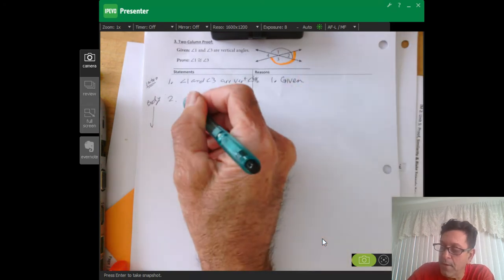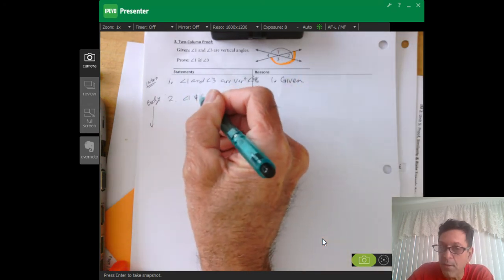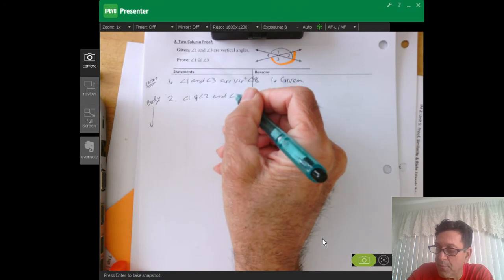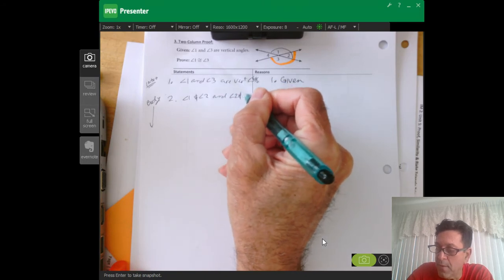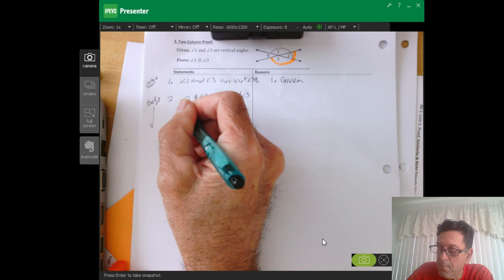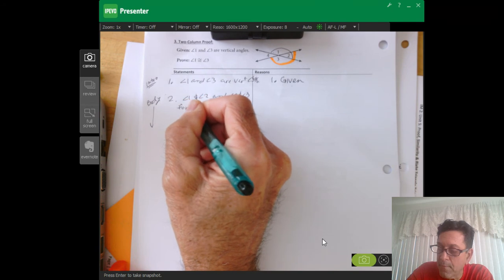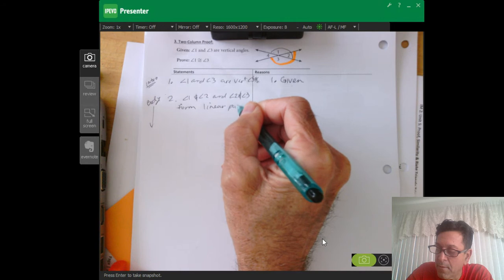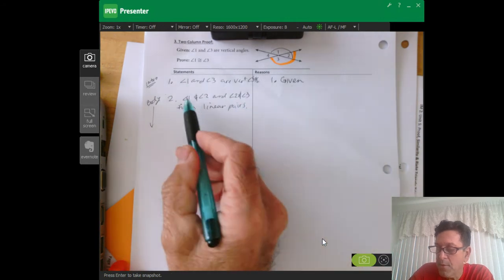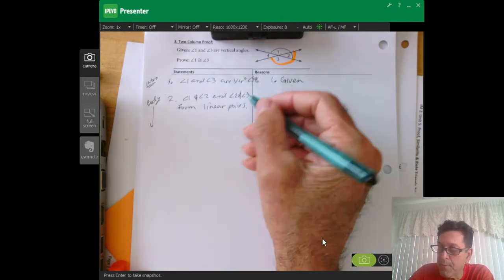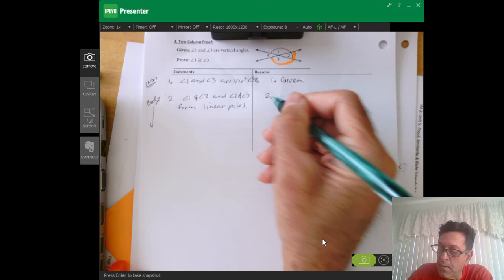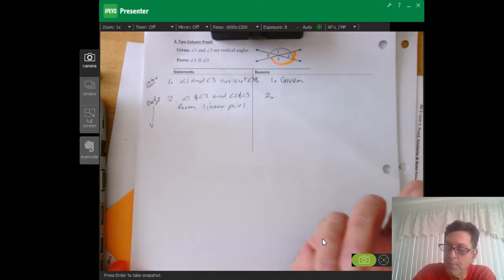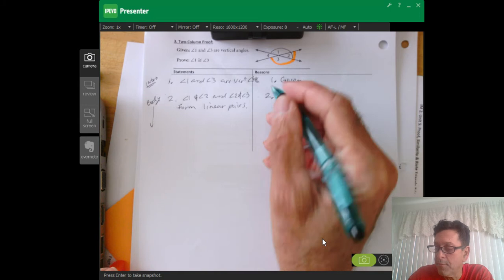So angle 1 and angle 2, and angle 2 and angle 3 form linear pairs. You could put these on separate lines if you want. I'm going to put them together in this case. The reason is exactly the same for both, so I'm being a little lazy, I suppose.